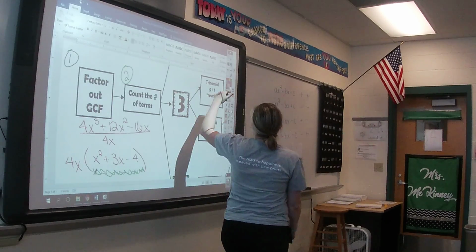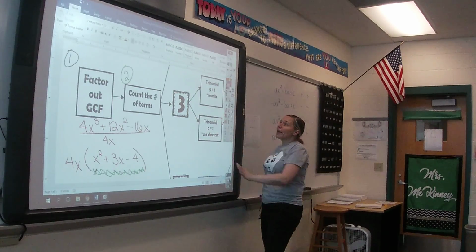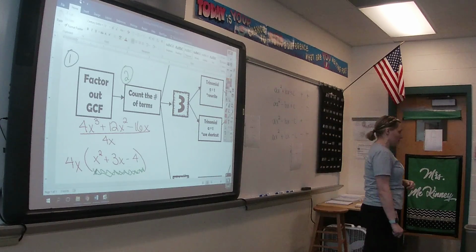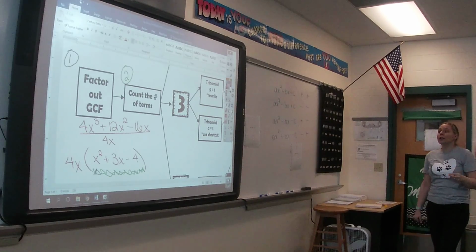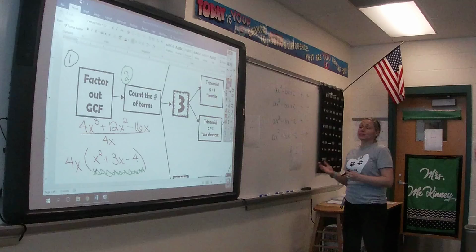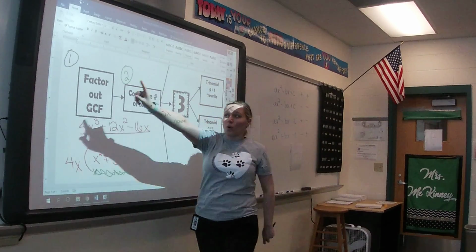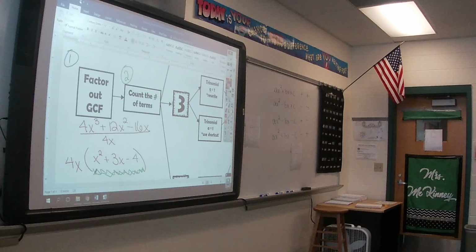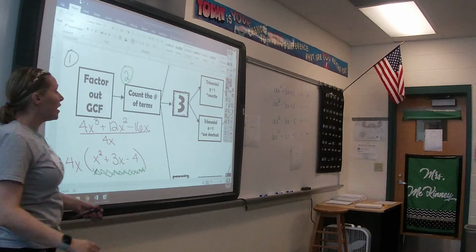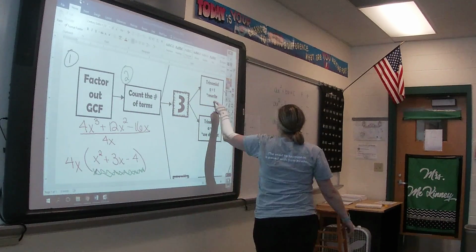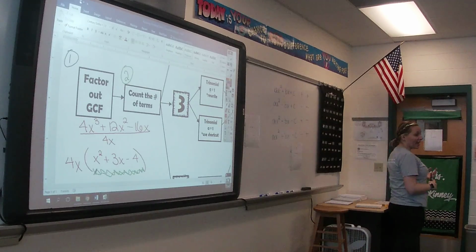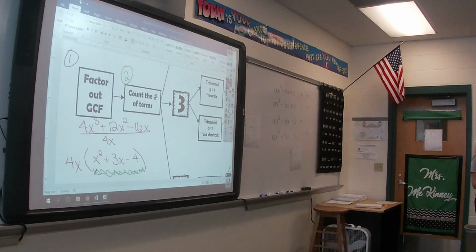So if it has 3 terms, we then need to make a decision. Is it a trinomial where a does not equal 1? If a does not equal 1, like we had over here in the homework from last night, that's where we need to multiply a times c, rewrite it into 4 terms, and then factor by grouping.